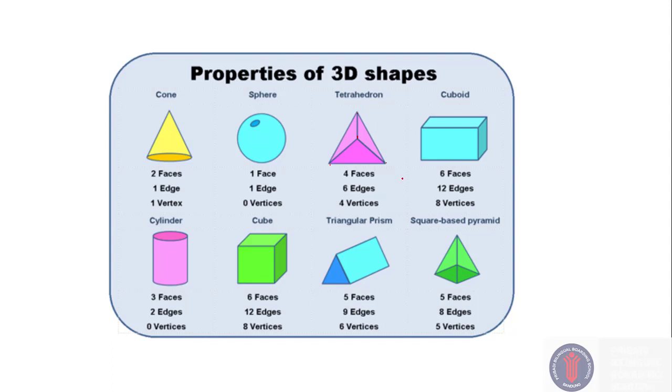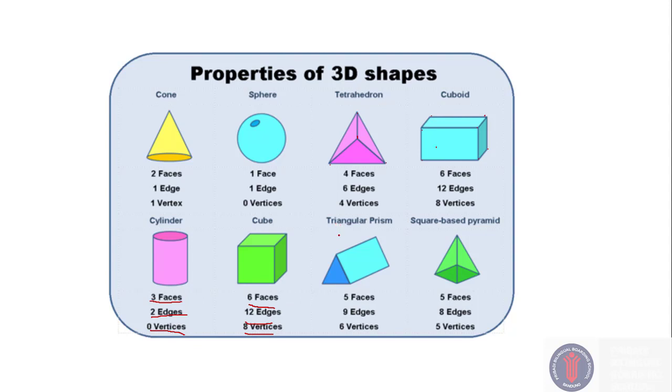Cuboid has 6 faces, 12 edges, and 8 vertices. 1, 2, 3, 4, 5, 6, 7, 8. Cylinder has 3 faces, 2 edges, and 0 vertices, while cube has 6 faces, 12 edges, and 8 vertices.